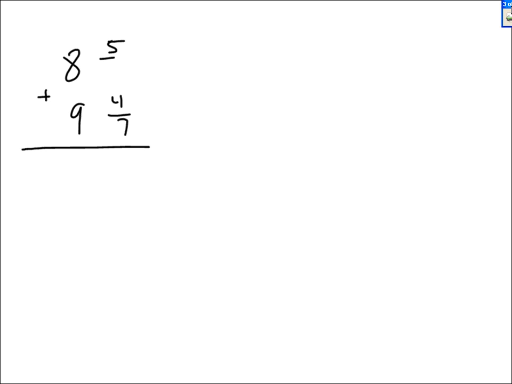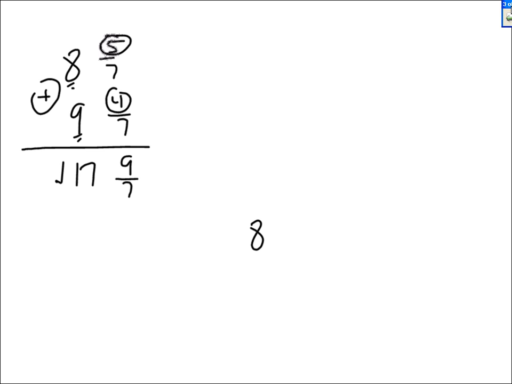They're both 7. So, 5 plus 4 is 9, and 8 plus 9 is 17. The thing is, the fractional part is improper. I mean, this is correct. We didn't do anything wrong. 17 and 9/7. The thing is that we're not done yet.